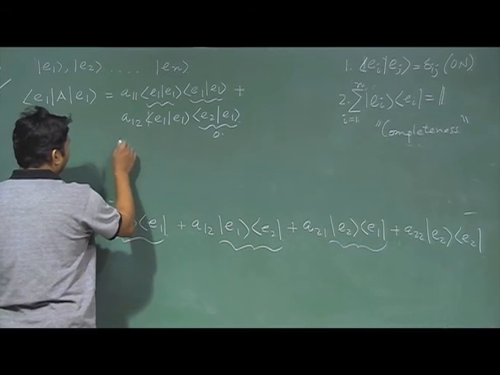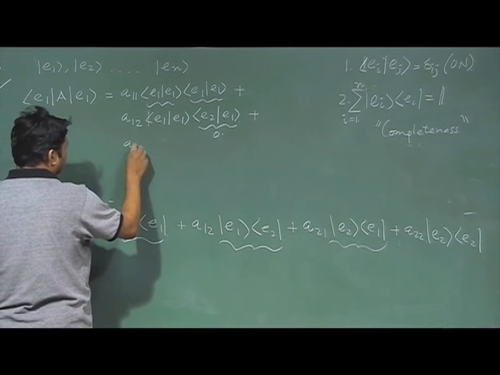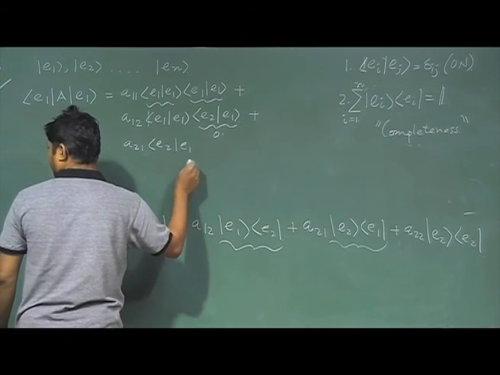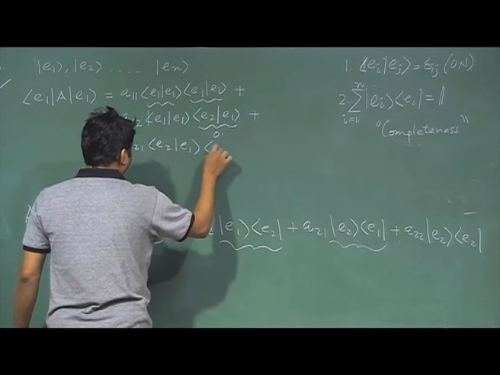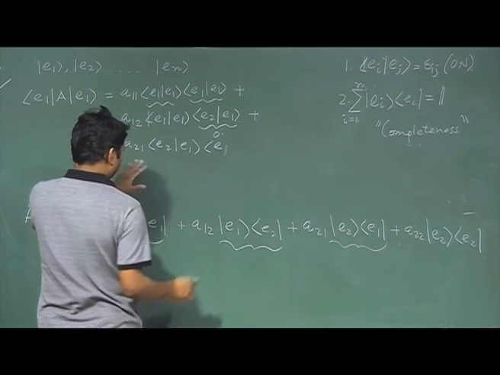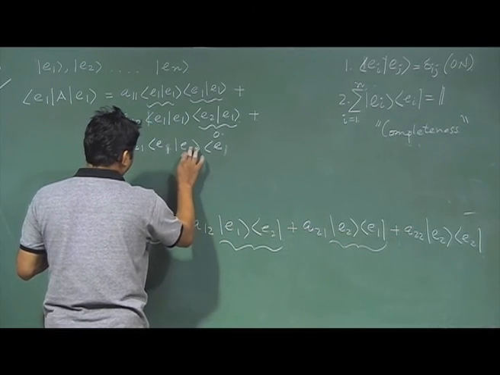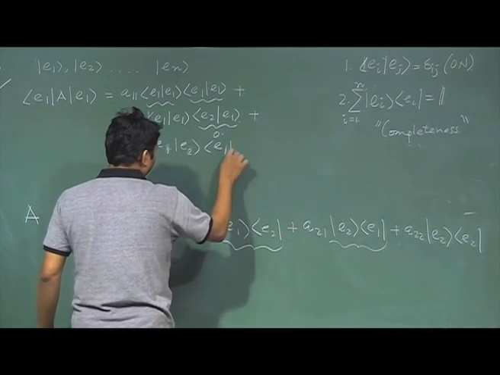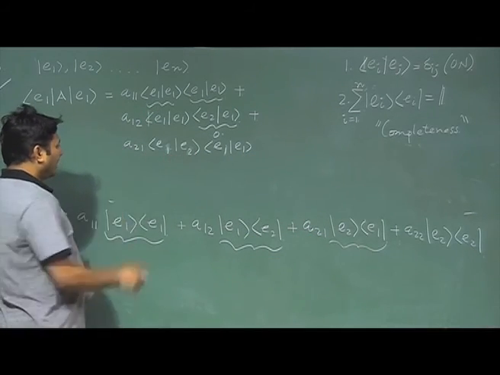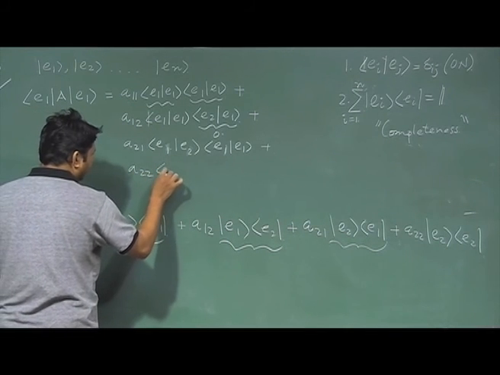In the similar way, I can also find A21, which is E2 E1 and then E1 E2, so it is E1 E2 and then E1 E1 using this. Again I will find this is a 0.